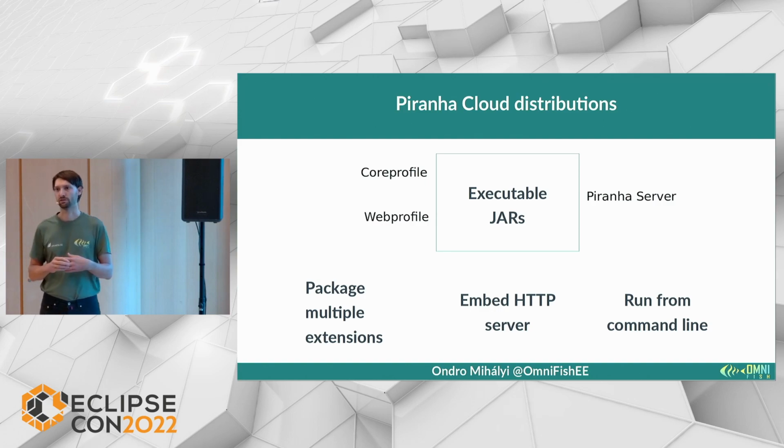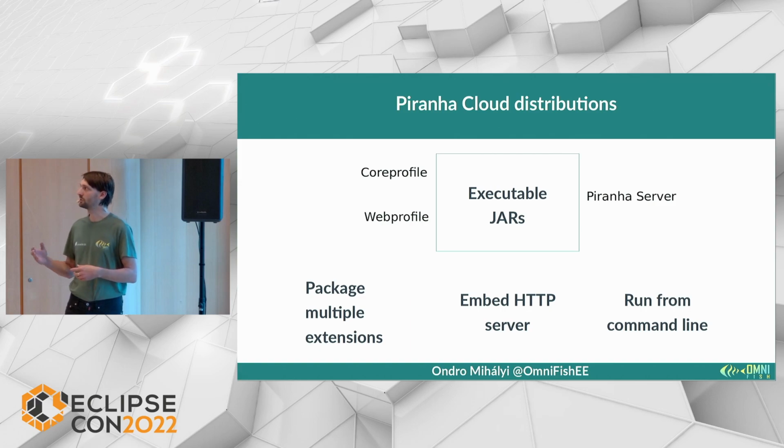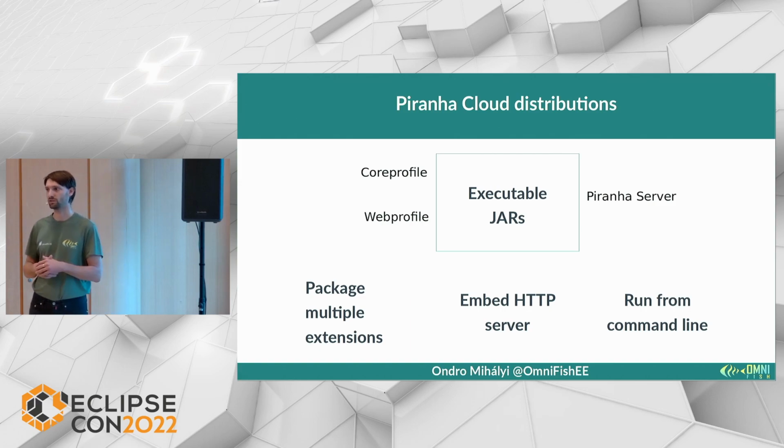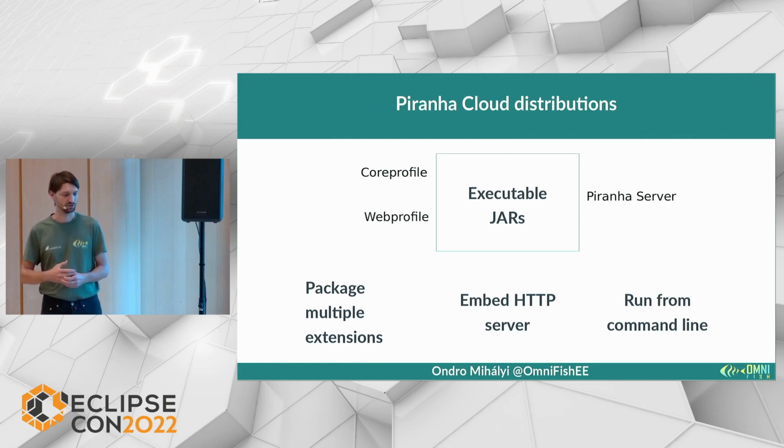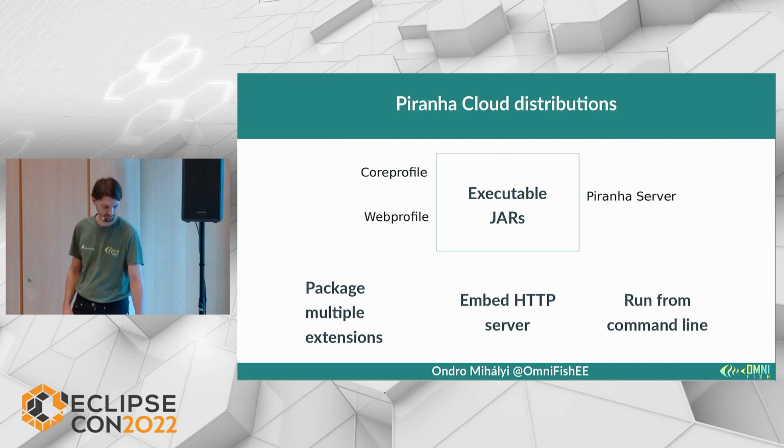So you can build a standard web WAR file and then launch it from the command line using one of these distributions, depending on what the WAR needs. If it needs just Jakarta EE core profile, it can use core profile. If it needs more, the web profile is not the full Jakarta EE web profile, but it contains some more things, and eventually it will become certified as a Jakarta EE web profile. There's, for example, JSF, EclipseLink, transactions, and things like that. So it's quite close to being web profile.